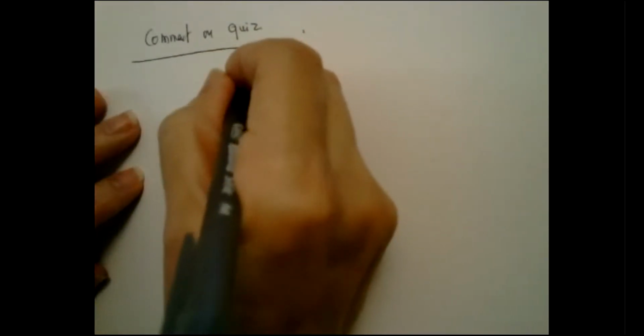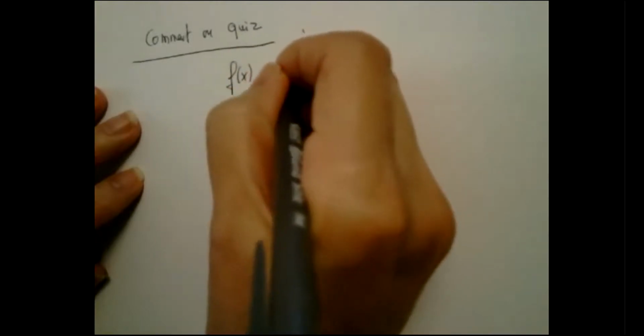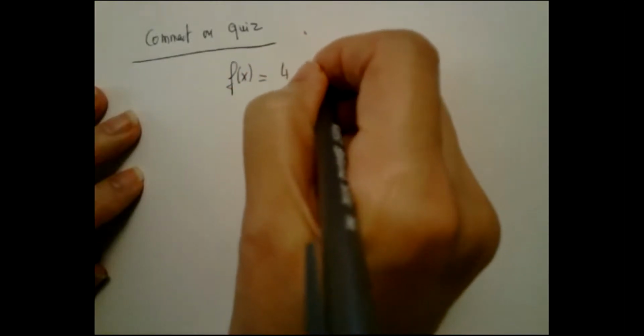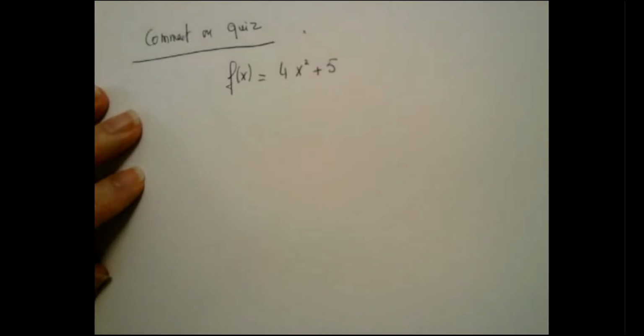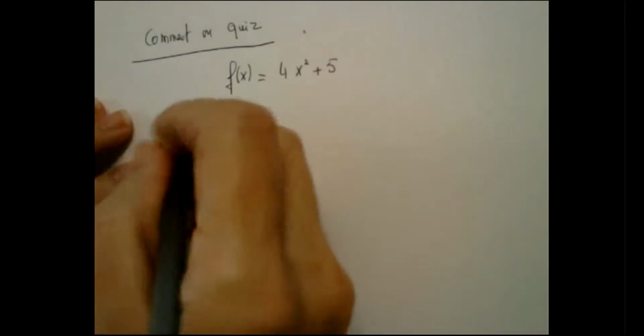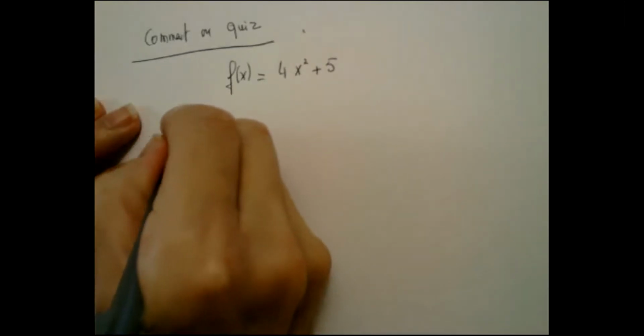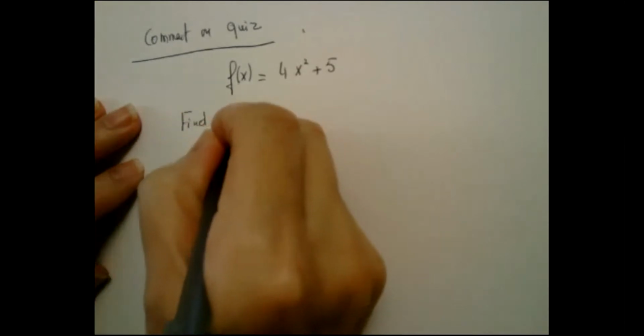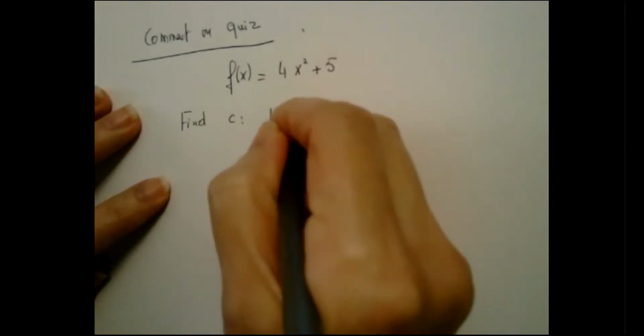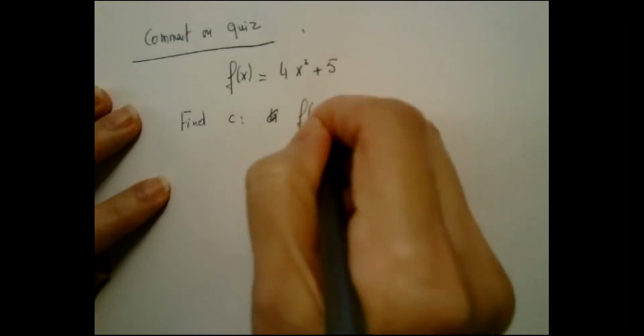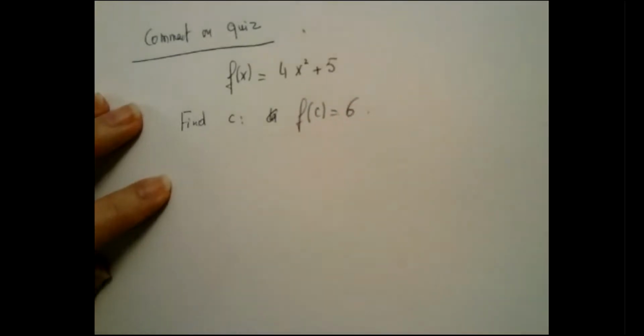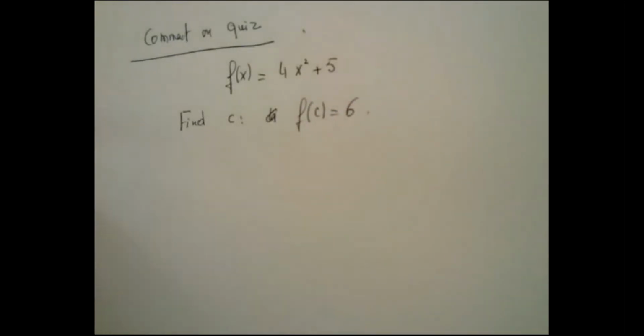So the comment on the quiz is, I usually take the question that gave some students difficulties. It was number 2, and I had the function f of x equal 4x squared plus 5. And the question was the following. Find all values of c such that f of c equal to 6. That was the wording of the question, okay?